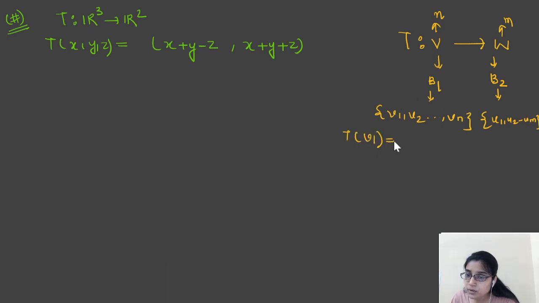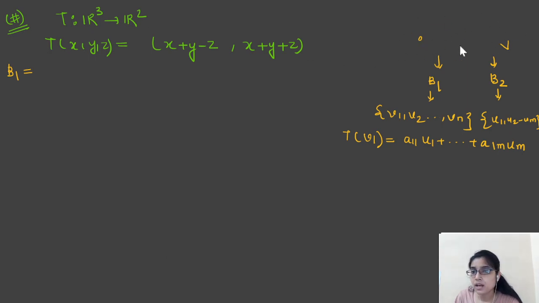You will find the image of V1 and represent it in terms of U1, U2 up to Um. So the basic concept remains as it is. So don't panic if sometimes this kind of question comes in front of you. If this is not a linear operator, just apply the basic concept that we studied. That is why I am giving you one question on this concept, and I'll give you one question as homework also.